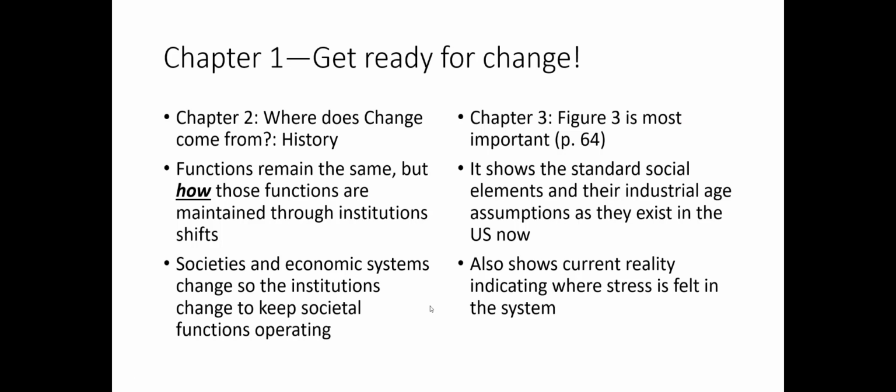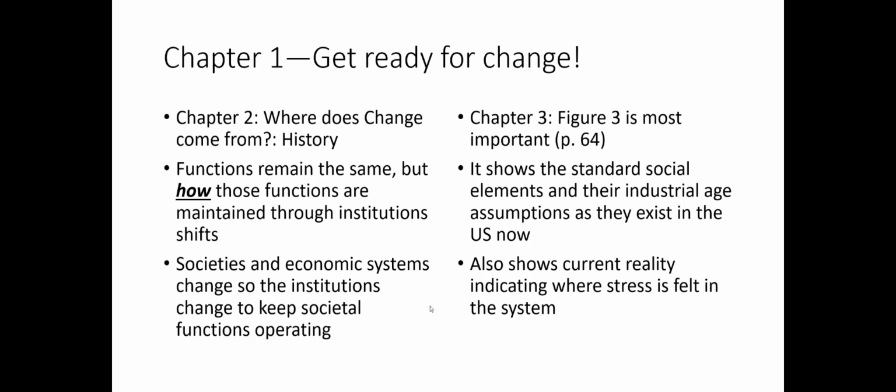The same is true for chapter 3. Now, in chapter 3, which is what we're going to look at this week, the most important part of the chapter is figure 3, which is on page 64. This figure shows the standard social elements and their industrial age assumptions as they now exist in the U.S. All right, so it's really important.